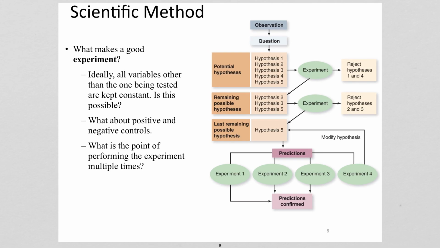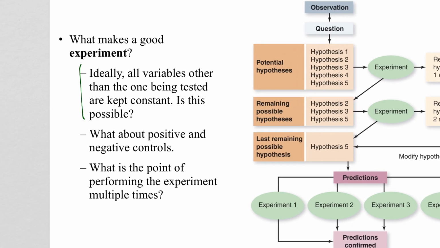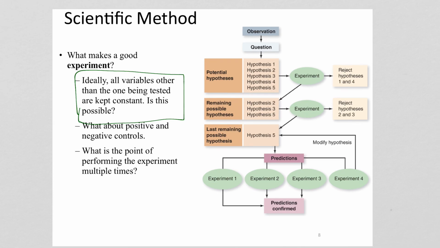The second part of that is, once you do have an experiment set up, you have to make sure that you're setting it up in a way that you're actually going to get an answer that you can interpret. The first thing to consider with that is you only test one variable at a time. The easiest example of this is, we did a lab in class where you tested the effect of either hand sanitizer or hand washing.